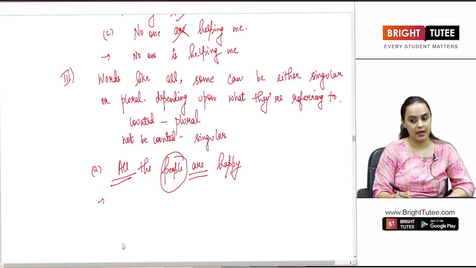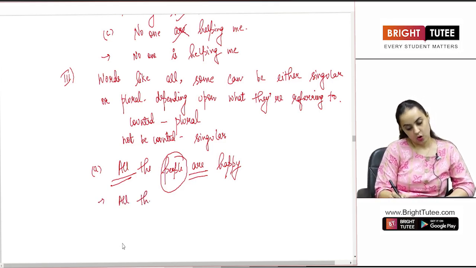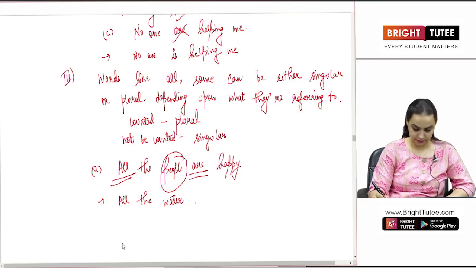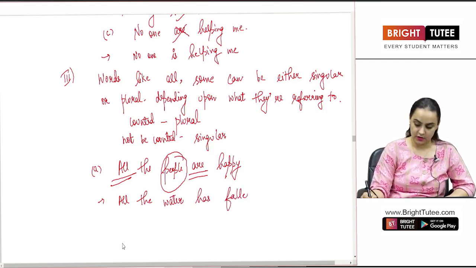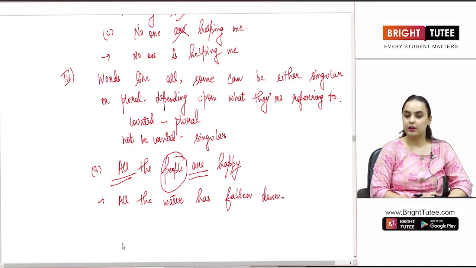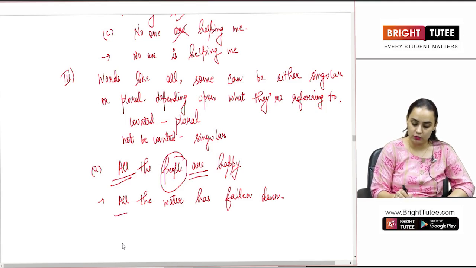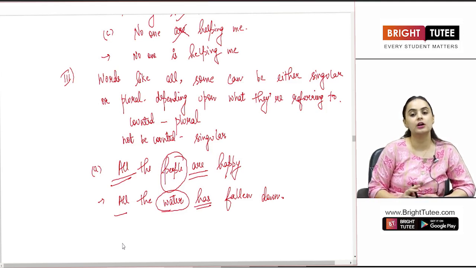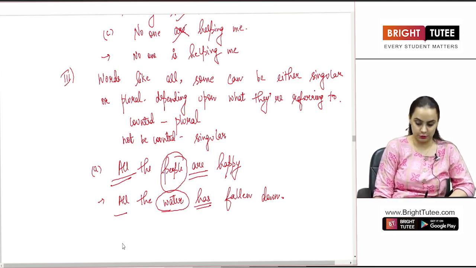On the other hand, if I give you the example, all the water has fallen down. So, what are we talking about? Water. Water cannot be counted. That is why a singular verb is used with it.